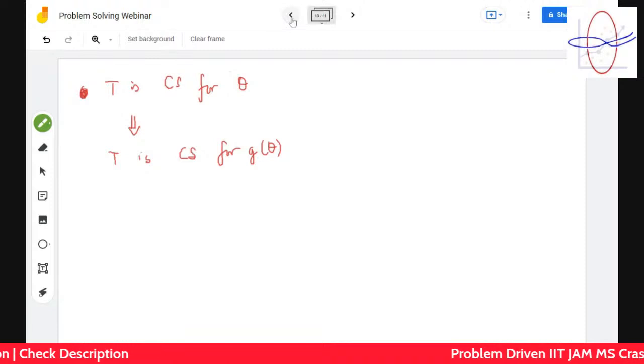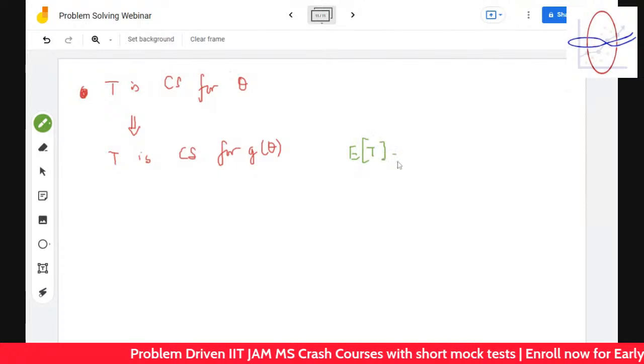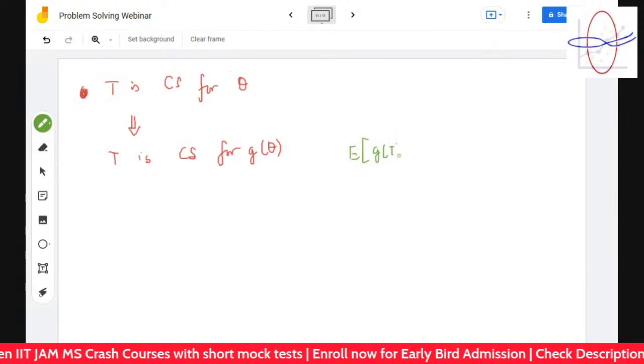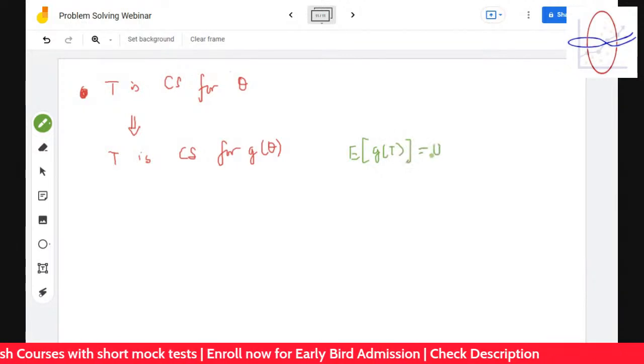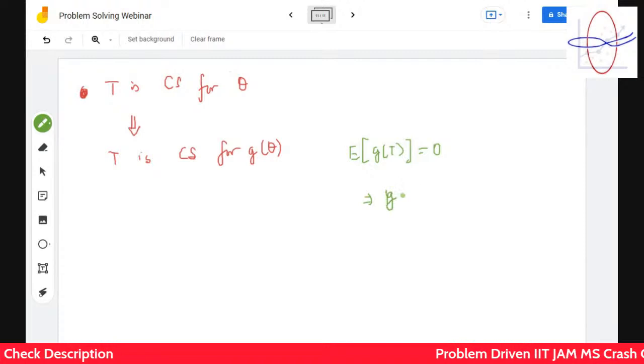Let's do the completeness part. Expectation of g of T is equal to 0 implies that g is equal to 0. So where is the use of theta over here?